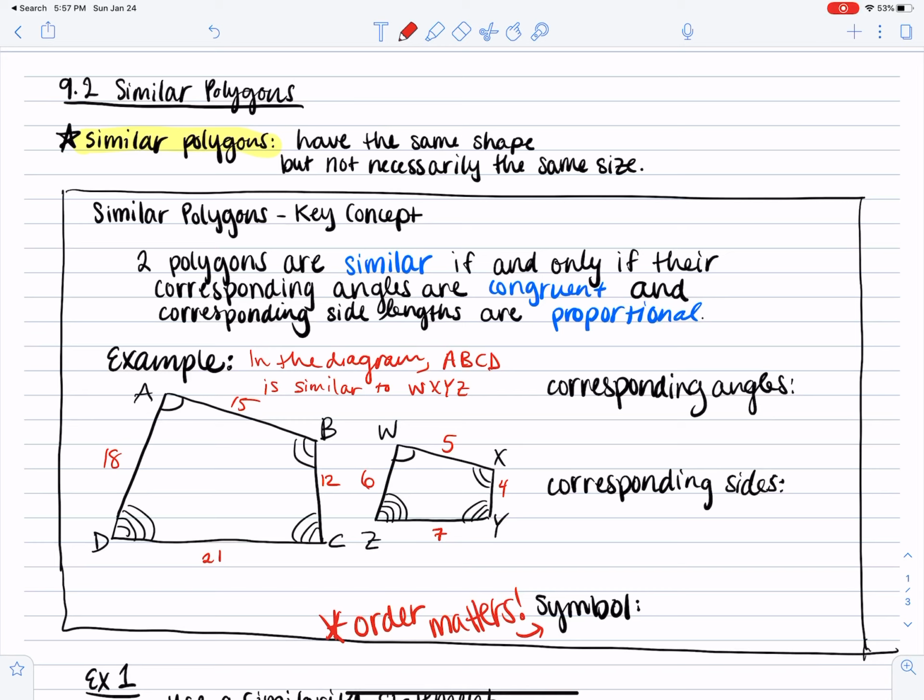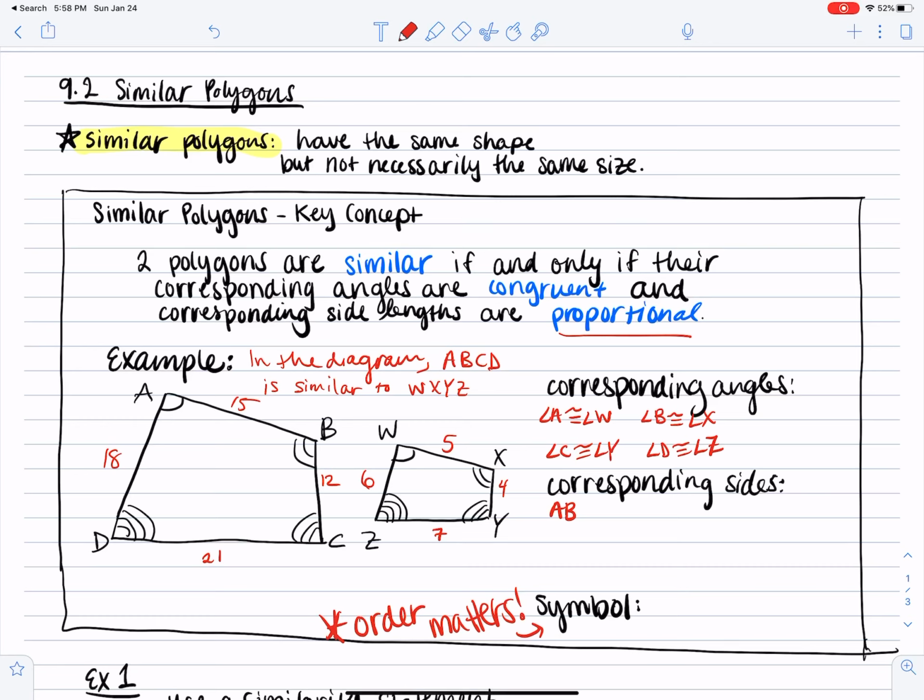So corresponding angles are angle A is congruent to angle W, angle B is congruent to angle X, angle C is congruent to angle Y, and angle D is congruent to angle Z. Okay, and then corresponding sides, we write those in a proportion because remember they're proportional, they're not congruent, so we're going to say AB, and look at our order here.